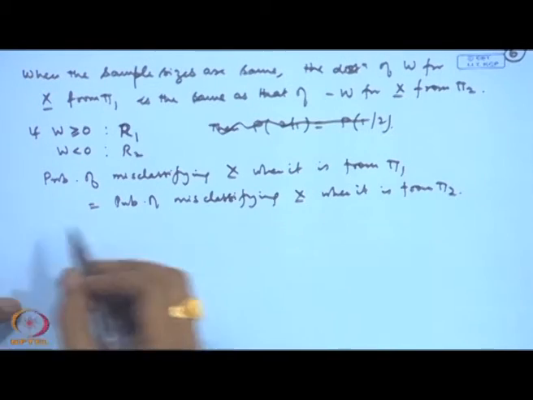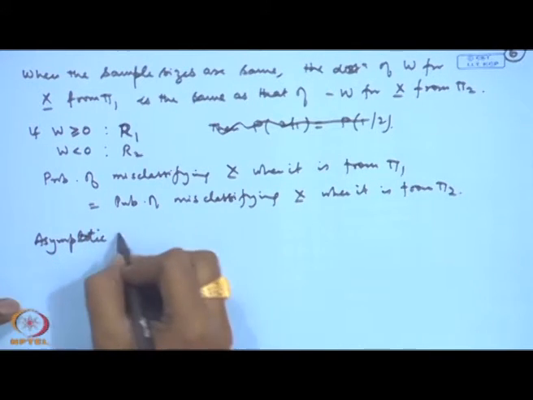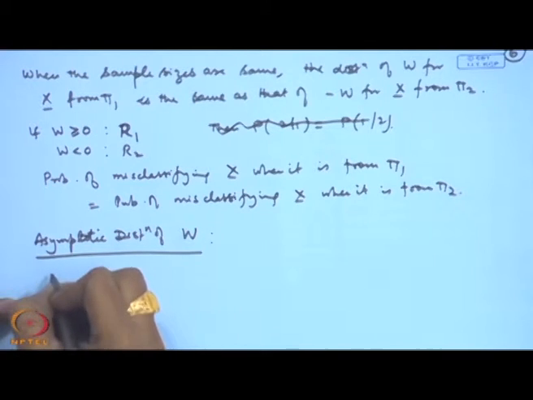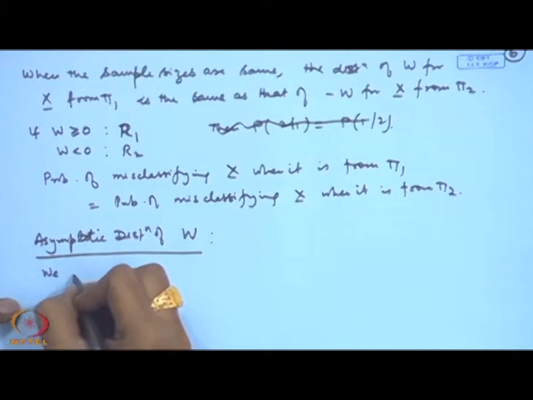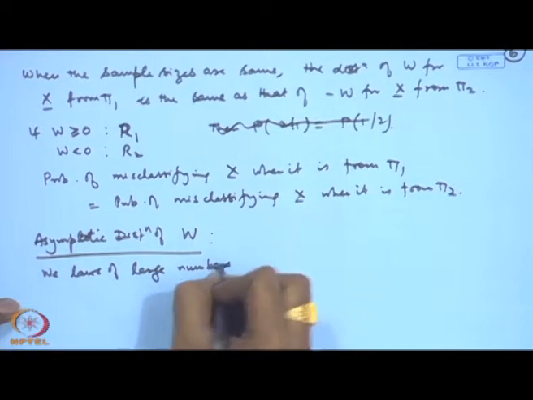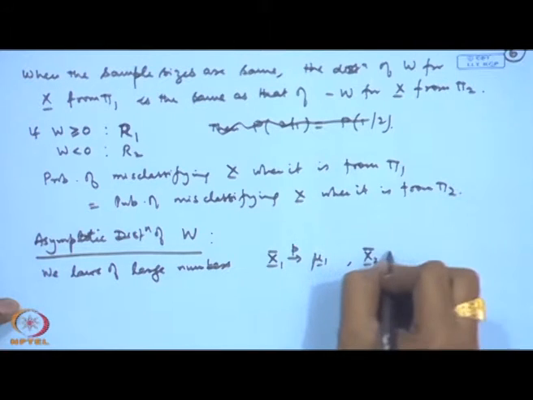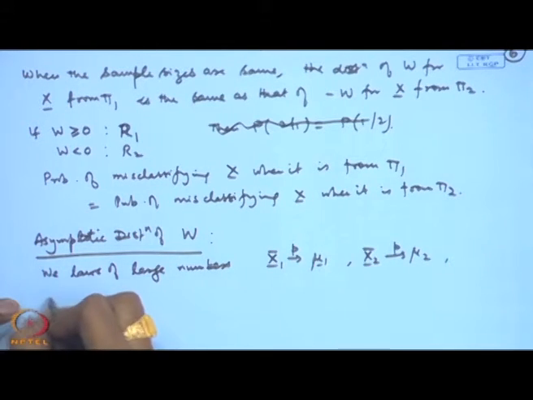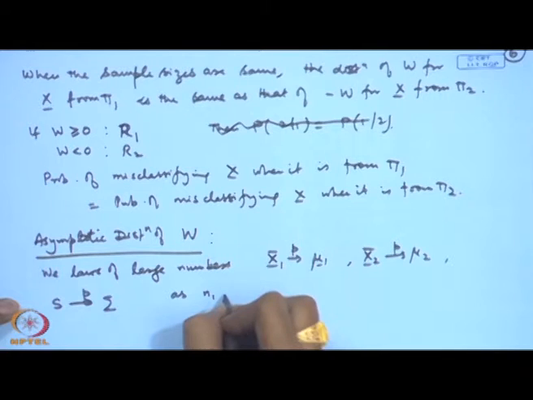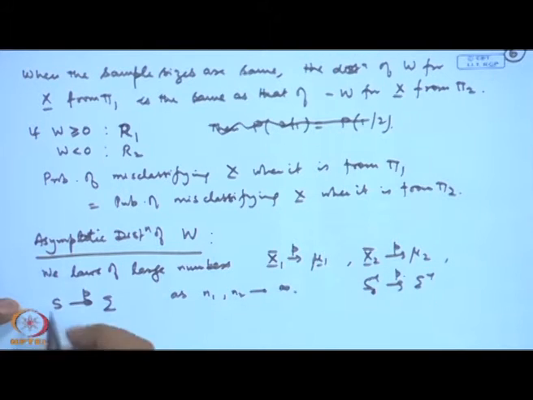So, let us see the asymptotic distribution of W. By laws of large numbers, x 1 bar converges to say mu 1 in probability, x 2 bar converges to mu 2 in probability, and S will converge to sigma in probability as n 1 n 2 tend to infinity, and of course, S inverse will converge to sigma inverse in probability.